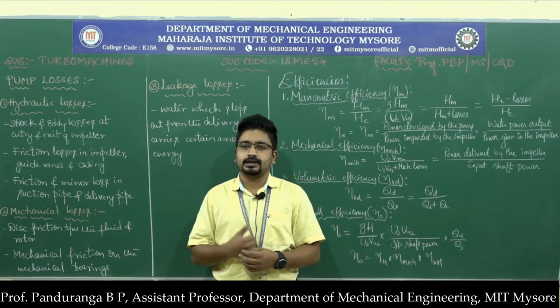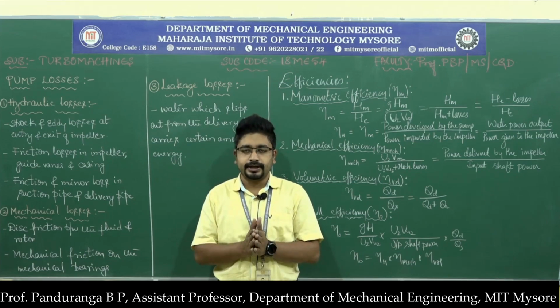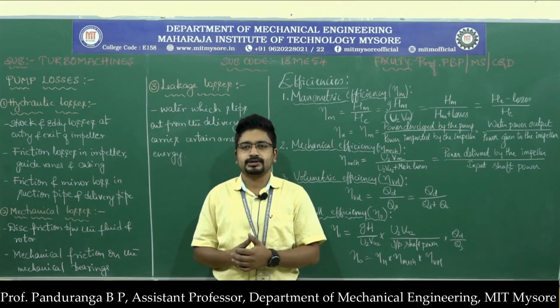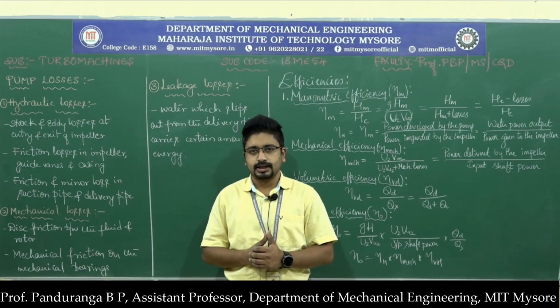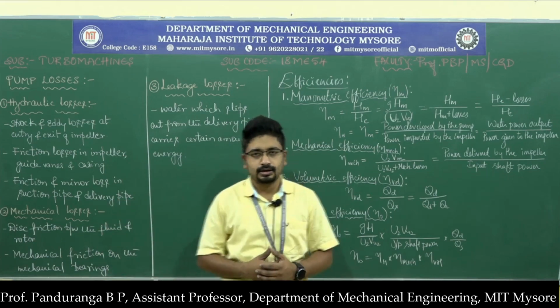So we have relatively moving elements here: a stationary casing and an impeller. The impeller is rotated with the help of a shaft. The shaft is rotating relative to a bearing, and there will always be mechanical friction in that case. So those are classified under mechanical losses.